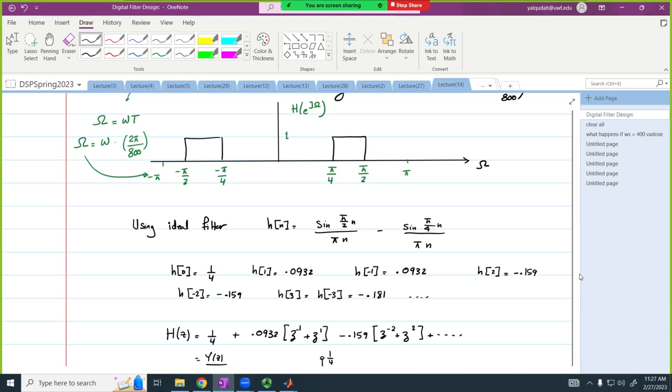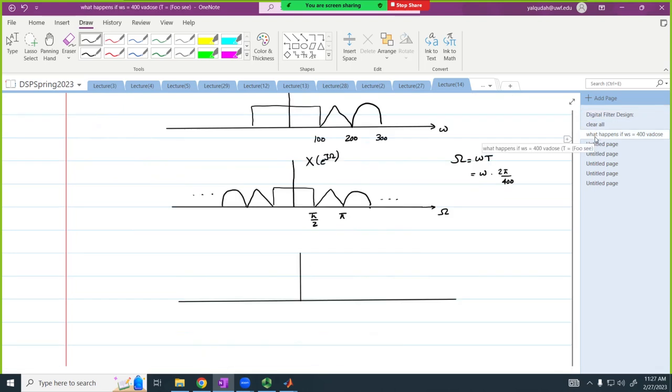So if I come here, from pi over 4 to pi over 2, I'm going to be getting this signal. So the output of the filter is going to look something like this. This is pi over 2, and this is pi over 4. And this is Y of e to j omega.